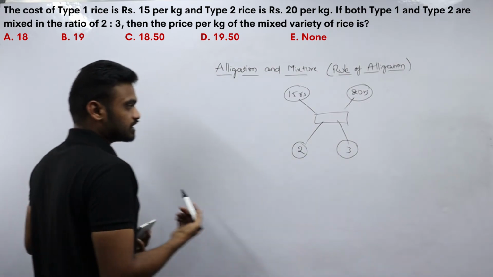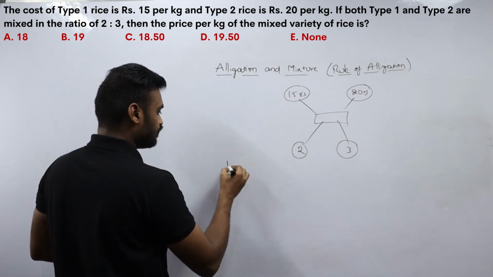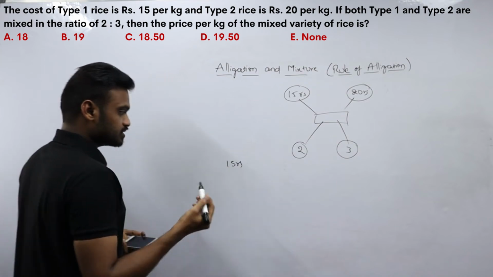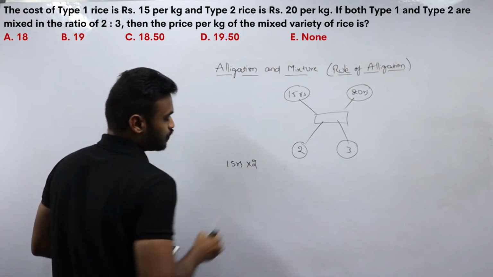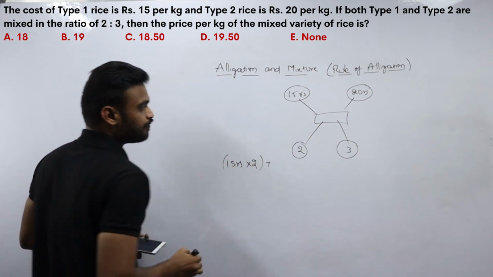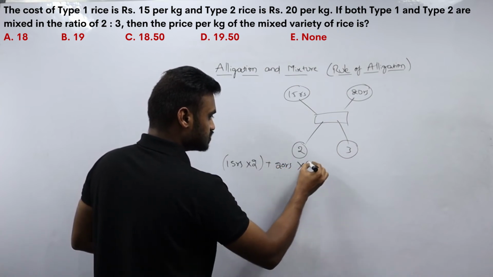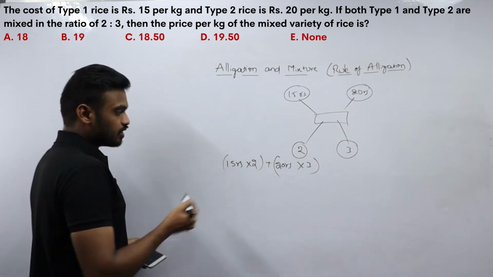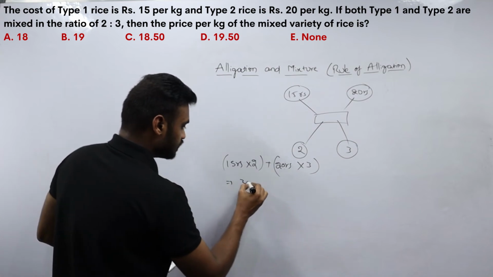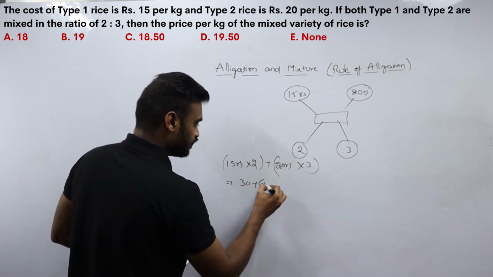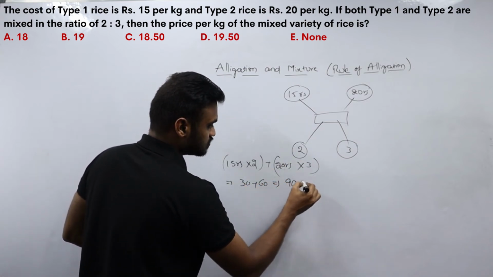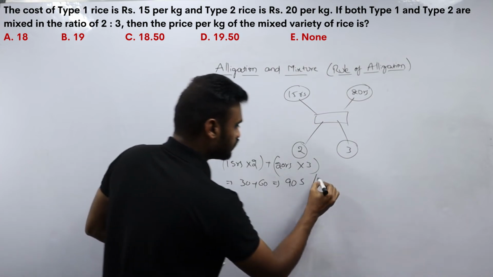So 15 rupees rice in 2 parts plus 20 rupees rice in 3 parts. Now we get 15 twos are 30, plus 20 threes are 60, so 90 rupees for 5 kgs.